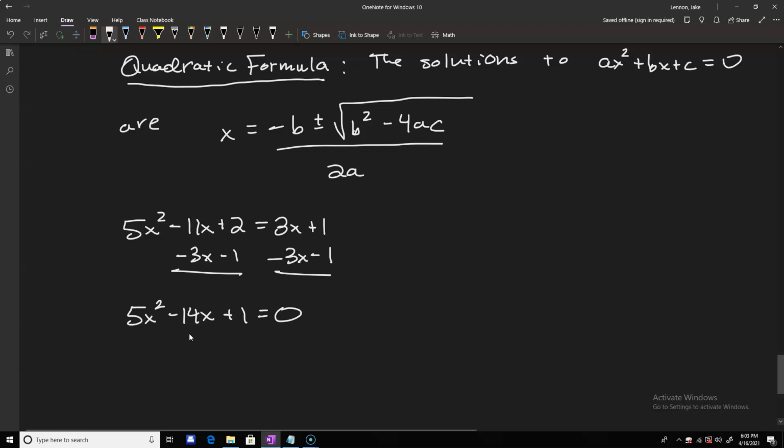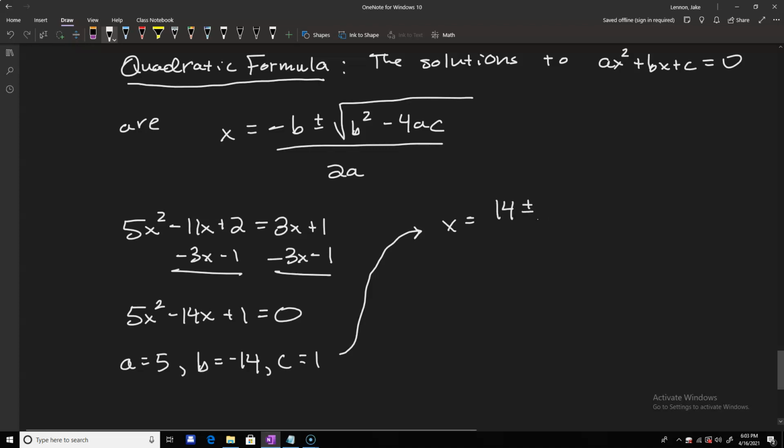So let's identify what a, b, and c are. a is equal to 5, b is equal to minus 14, and c is equal to 1. So we can plug these into the quadratic formula. So we have x is equal to, well, if b is negative 14, that means minus b is positive 14.